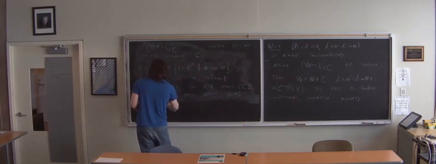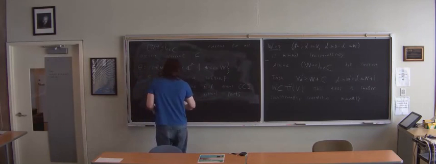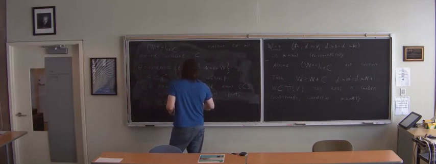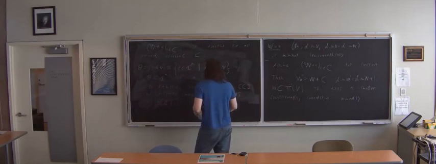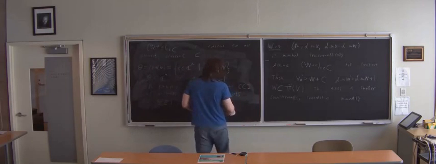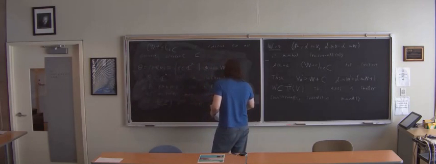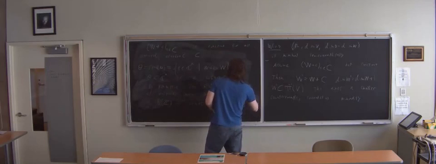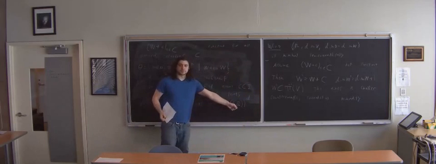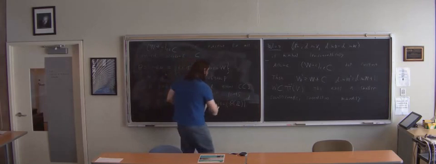So the integral points of Z is infinite. And so take H to be the connected component, so the identity component of the group generated by the integer points. So let's write it down more precisely.